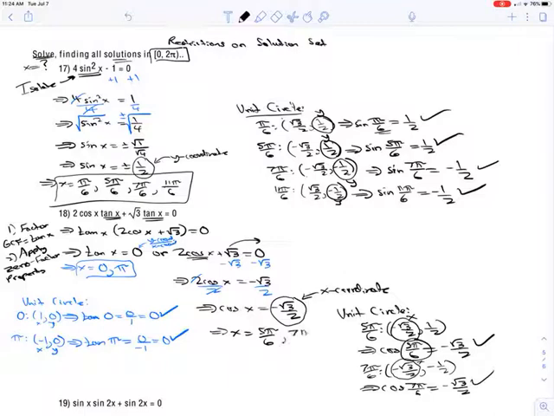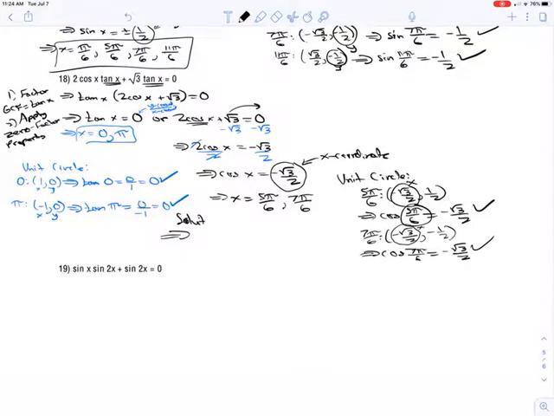So 7 pi over 6 is also a solution to include. So in the end, we have 4 solutions. So altogether, our solution set, we can put it down here at the bottom. x is equal to, we'll put them in order, 0, 5 pi over 6, pi, and 7 pi over 6.